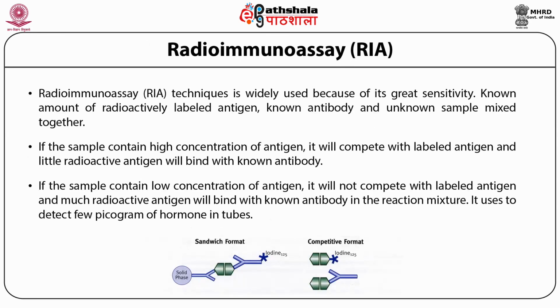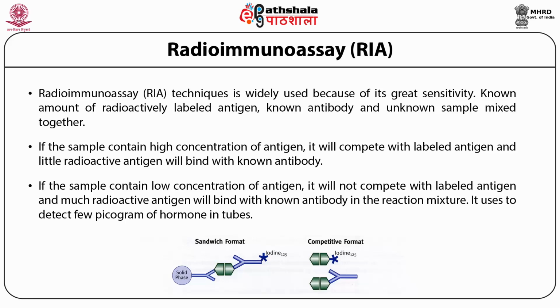This is followed by another immunoassay called the radioimmunoassay. This was the first one discovered, and there is no difference between the enzyme assay and radioimmunoassay. The only difference is that instead of the enzyme, the antigen or the antibody is labeled with radioactive material.